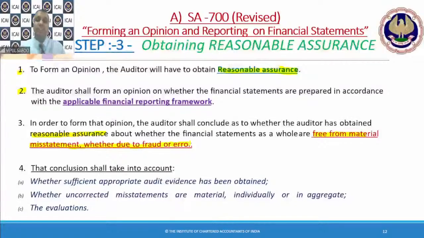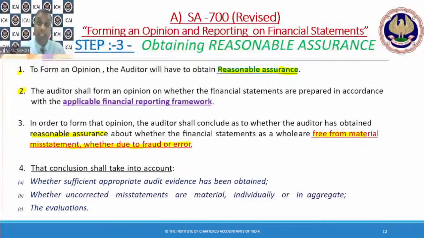So why does he need reasonable assurance? He needs reasonable assurance that the financial statements are free from material misstatement due to fraud or error.